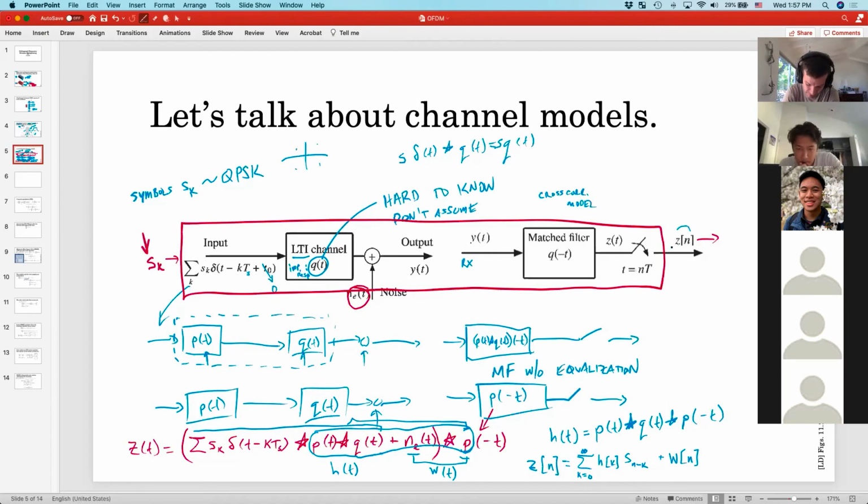So this is the Zn that I'm talking about. And so here you start to see, I hope, the implications of having an LTI channel, a memoried LTI channel. Let's talk about that on the next slide. But before I move on, there's a lot of ink here. Any questions?